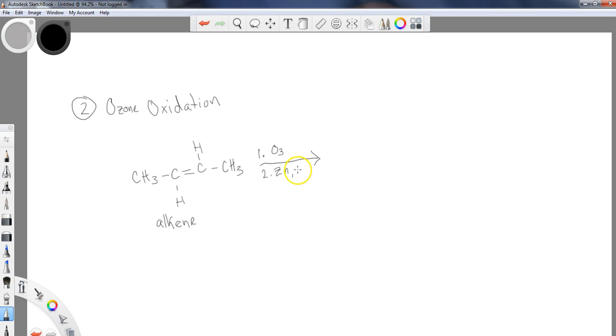So you may see HCl, you may see acetic acid, you may see all sorts of acid, but some acidic source along with that metal is going to come by and cleave this double bond and place double bond oxygens in place of the alkene. And so what I would end up with in this case is 2 equivalents of this aldehyde right here. Now this can also be used for ketones if I have a higher substitution pattern around the alkene.